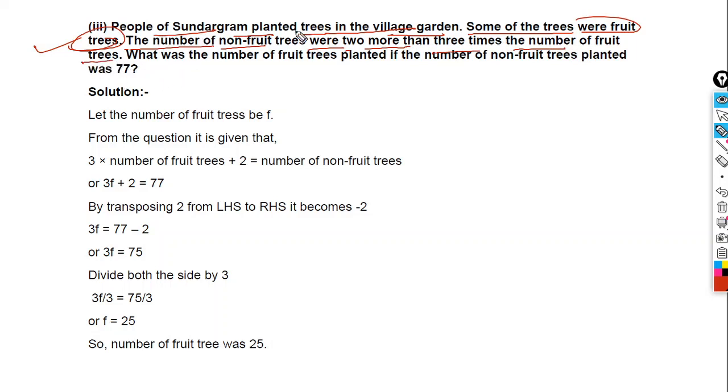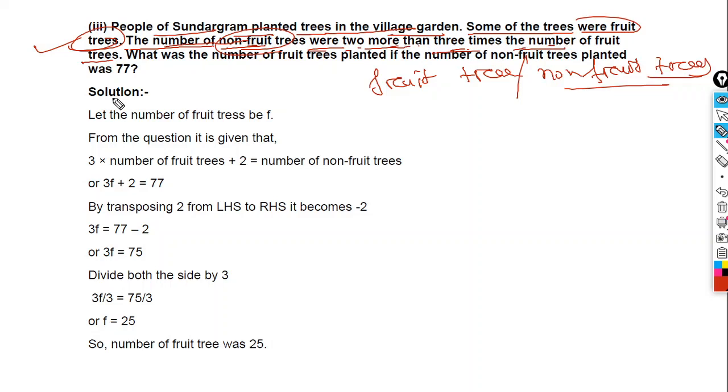So some trees are fruit trees, and some are non-fruit trees. What was the number of fruit trees planted if the number of non-fruit trees was 77?